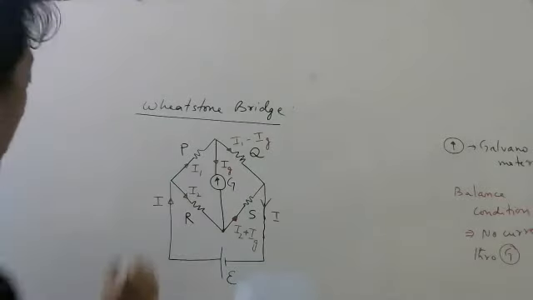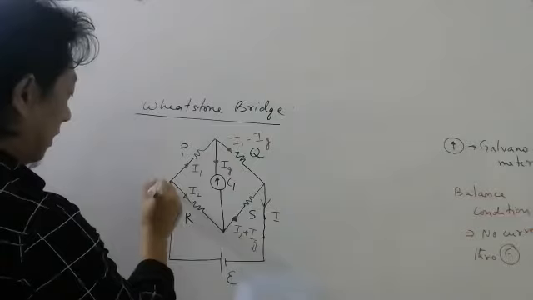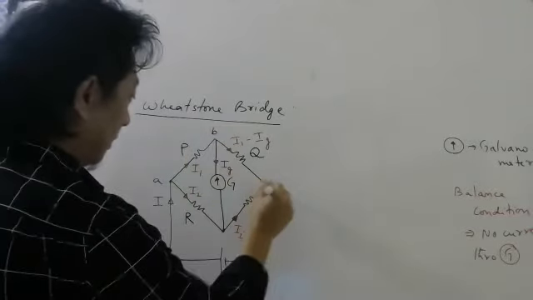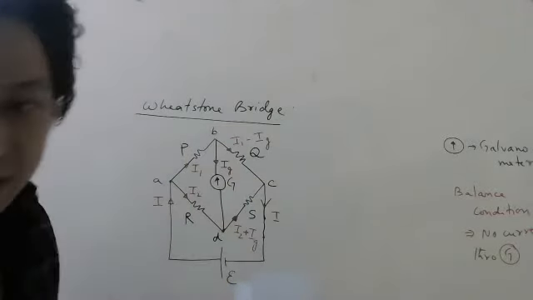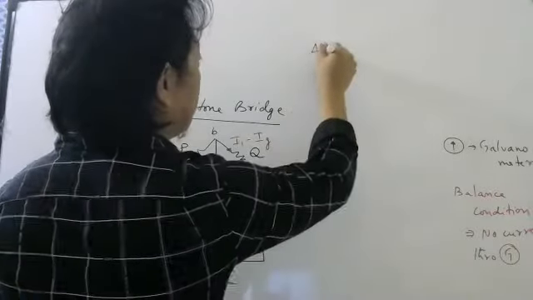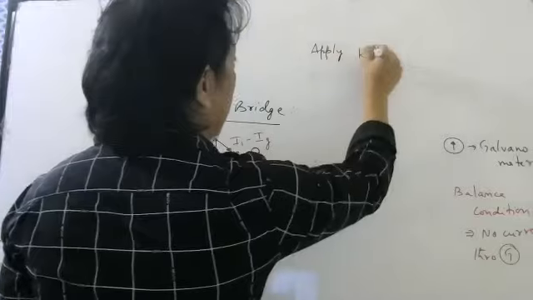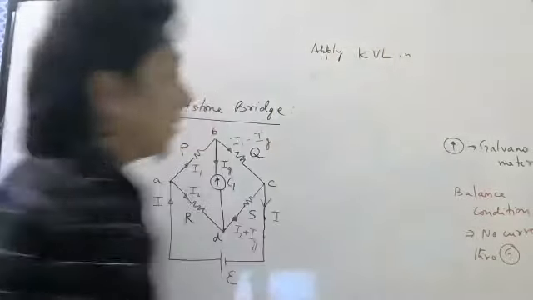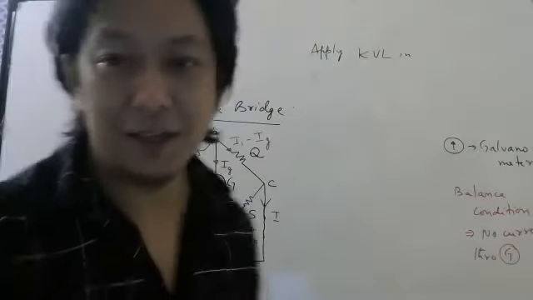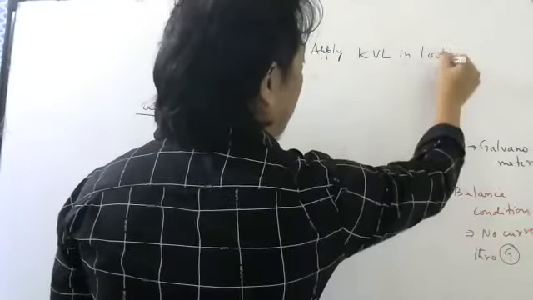Done? Okay. So now let us call these points A, B, C, D. Let us use small letters. So what we will do, we will apply KVL. KVL is applied in a loop, not a junction. KVL is always applied in a loop.